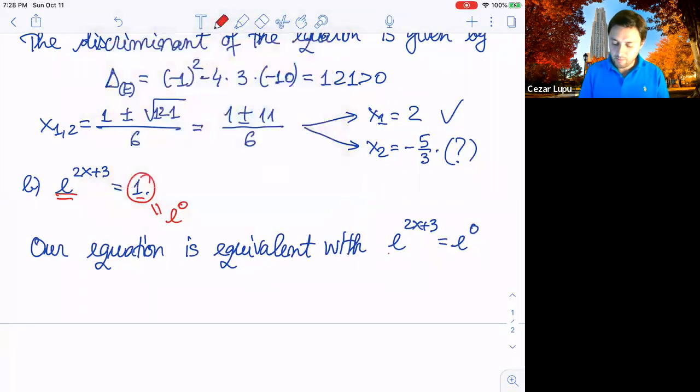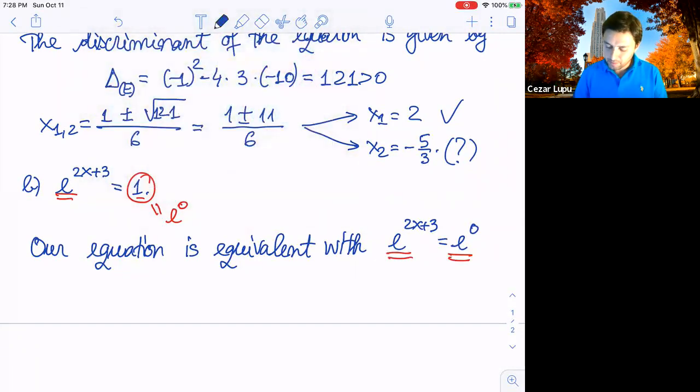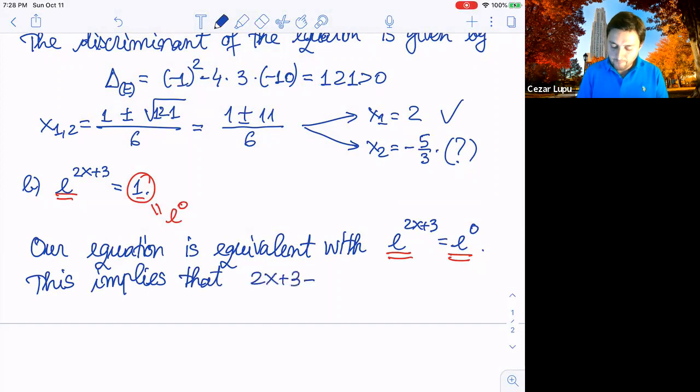If you look here, e is the same as here. So this implies that 2x plus 3 equals 0, or x is -3 over 2, and that's it.